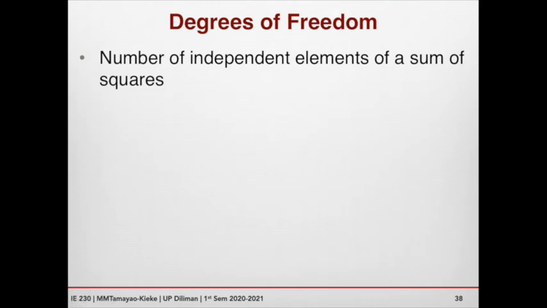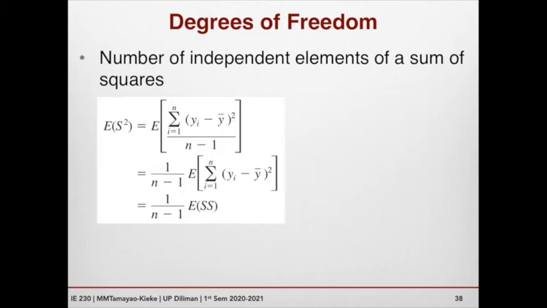Now we proceed to degrees of freedom. Degrees of freedom is basically the number of independent elements of a sum of squares. So recall this proof. This number here, n minus 1, is actually what we call the degrees of freedom of the sum of squares.